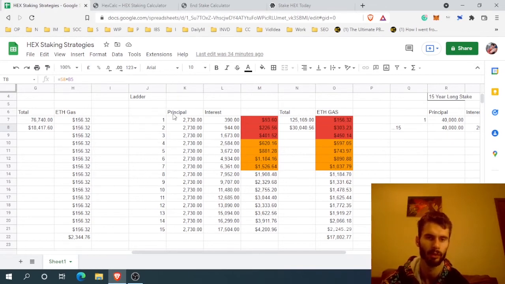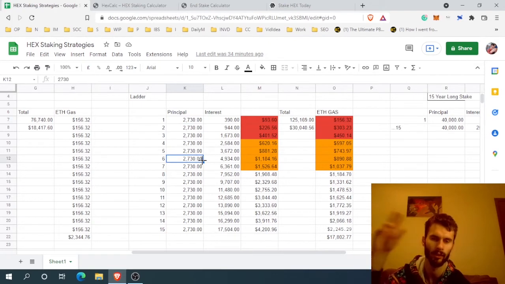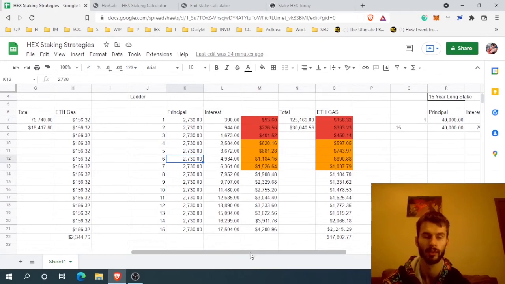So for example, you stake for 1, 2, 3, 4, 5 years, with even parts. And when your first year stake ends, you stake for 6 years again, and you have this 5-year staking ladder, which is also a pretty good alternative.